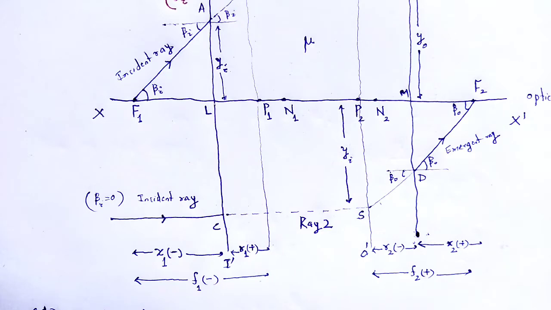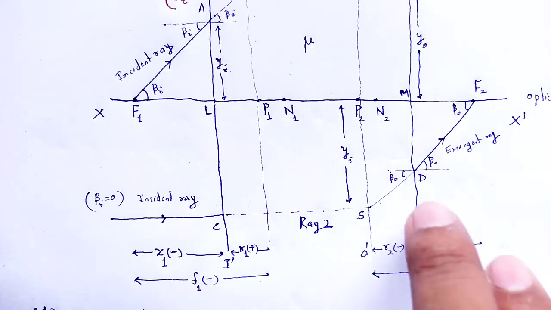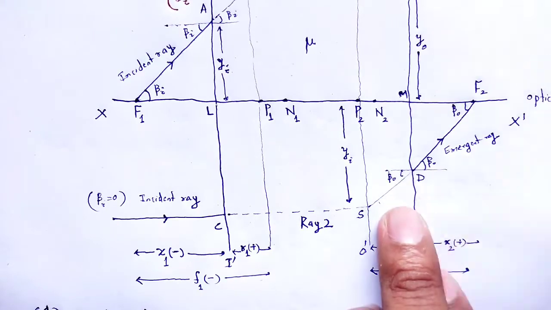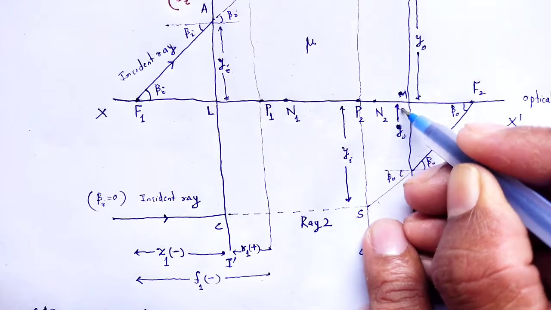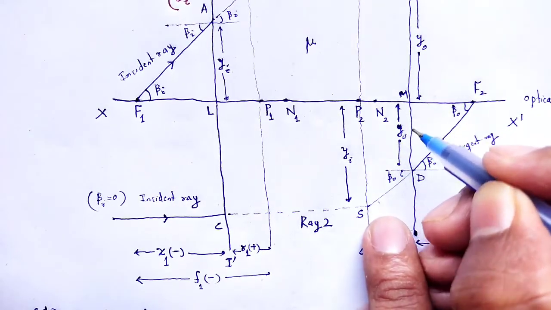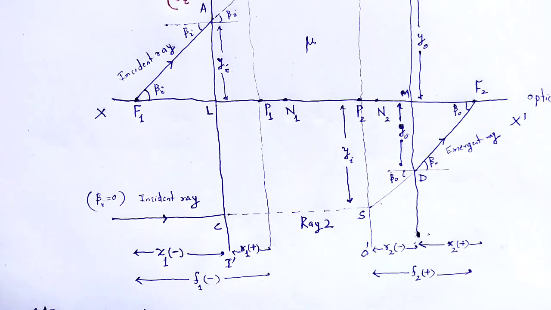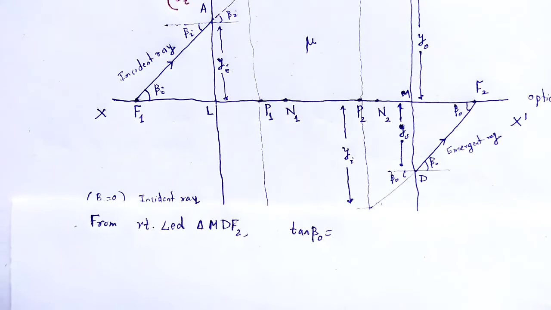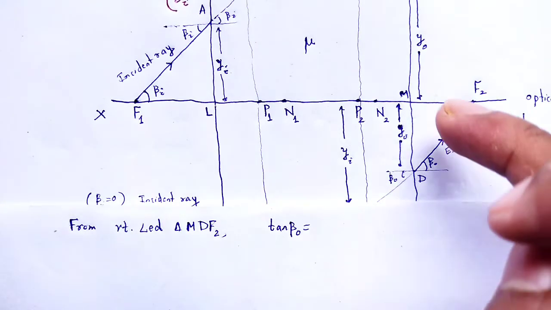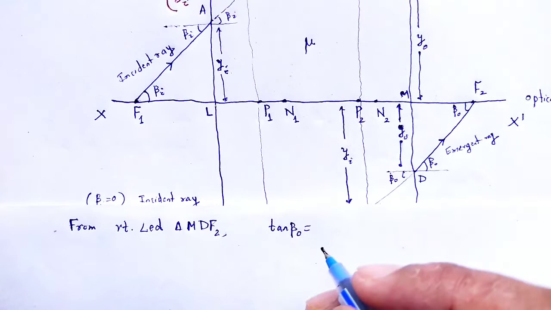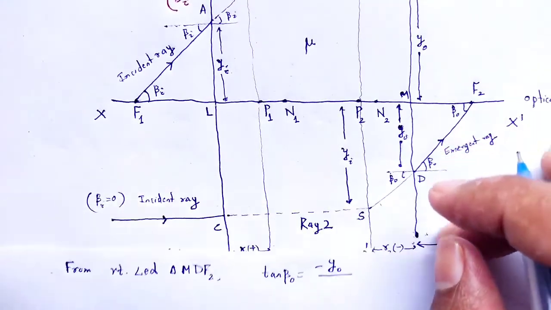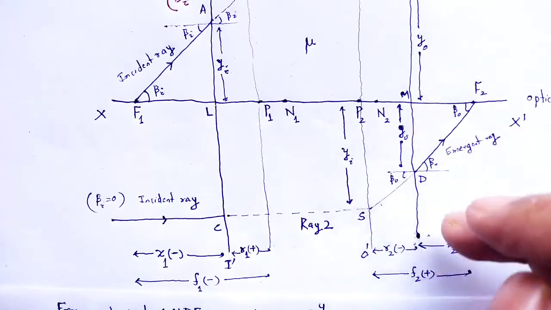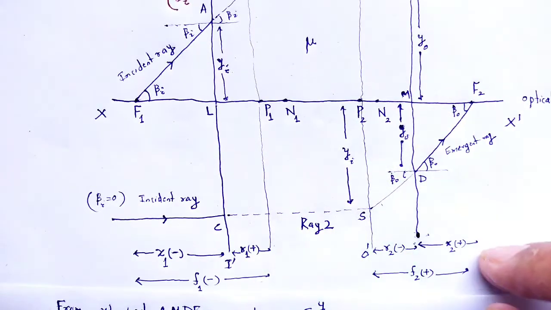MD, the distance, is the y naught. Putting these values, it is minus, below the optical axis, minus y naught divided by its distance, that is x2, which is positive.